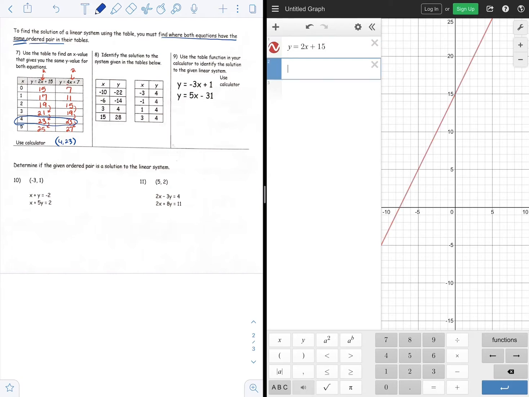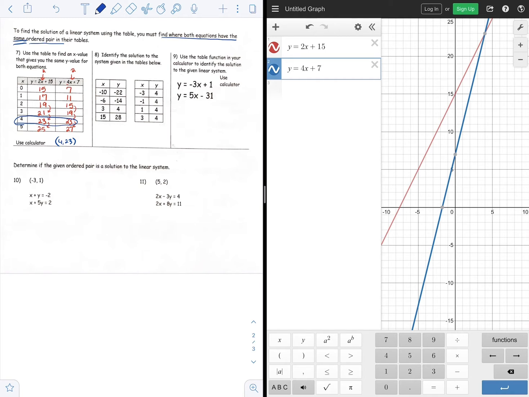And then we're going to tap here on the second equation and type in y equals 4x plus 7. Okay, I misstepped somewhere. So let's go back. y equals 4x plus 7. All right.